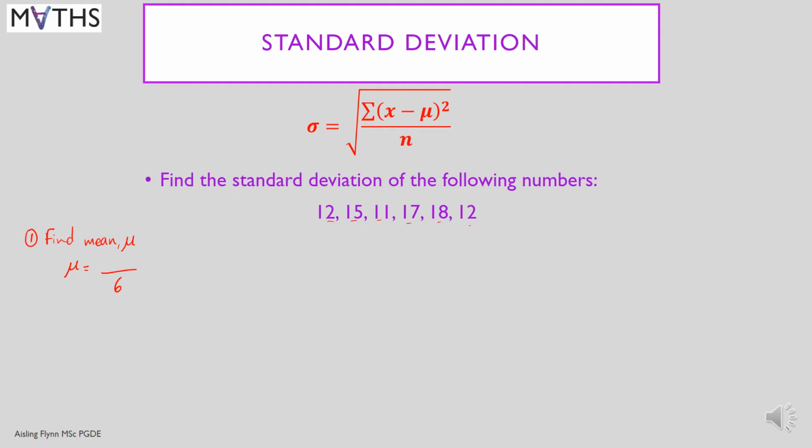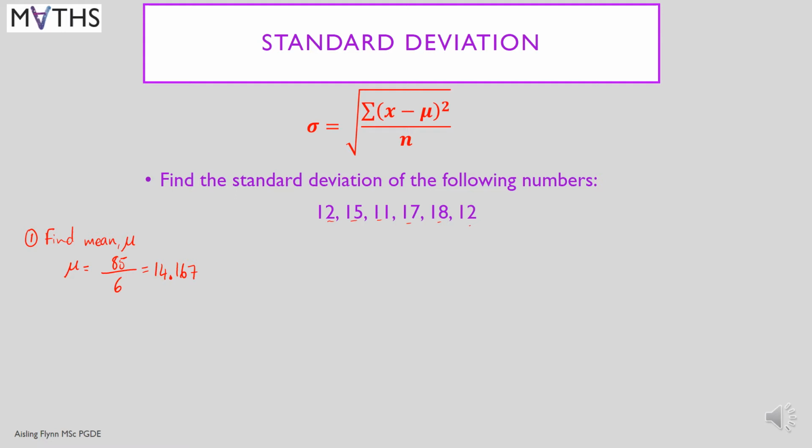And I get 85. Now I'm going to divide 85 by 6, and that will give me the mean. 14.167, now the 6 recurs, I'll round it off to 3 places, 0.167. That's my mean.